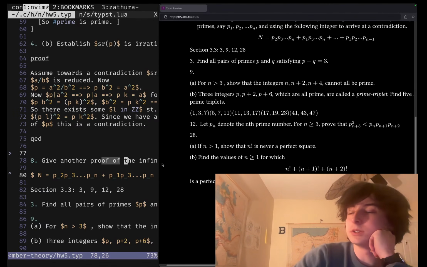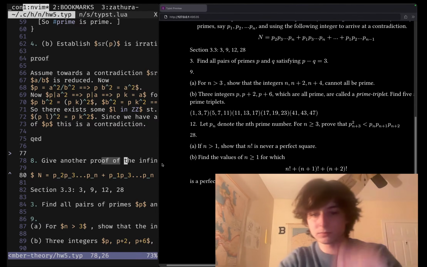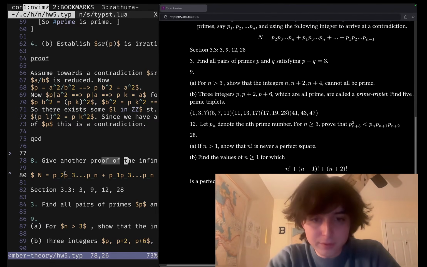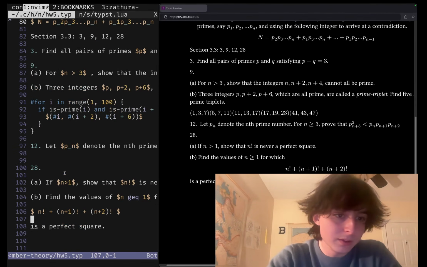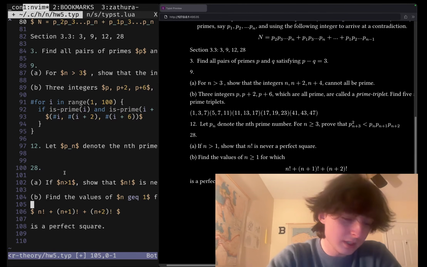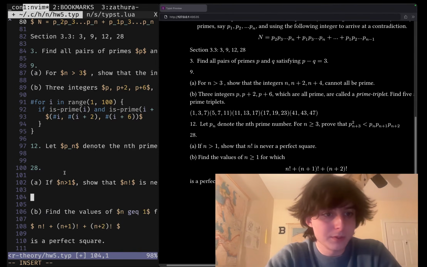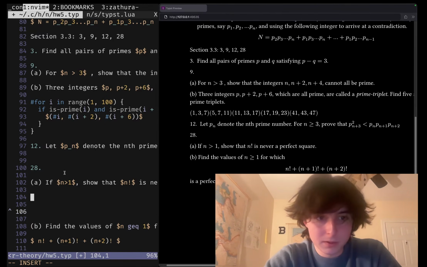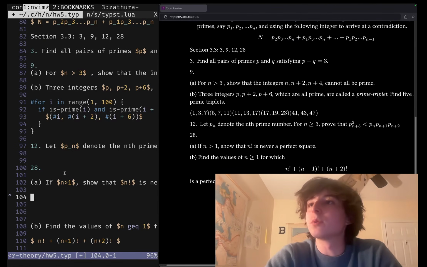All right. I think I might need some random thing from the textbook, so I'd rather show that n factorial is never a perfect square as the last problem of the night, because then I gotta go to bed. n factorial is never a perfect square.